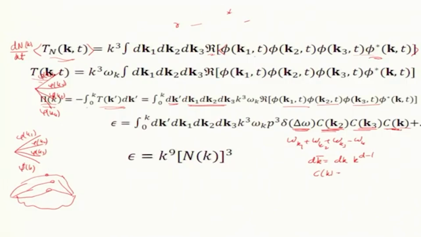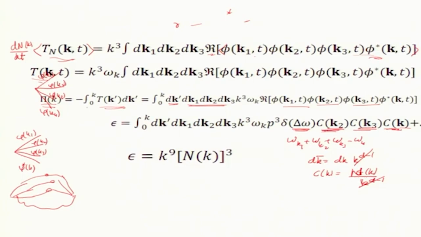I do k to the d minus 1 dk, and Ck is Ek, or whether this correlation is particle density, phi square is particle density, it is not energy density. So, Nk divided by k to the power d minus 1. So, this k to the power d minus 1 cancels with this k to the power d minus 1. That is what happens.